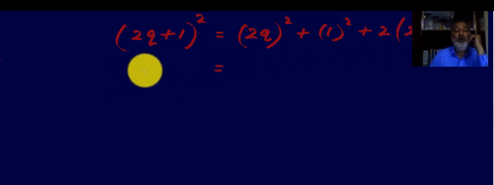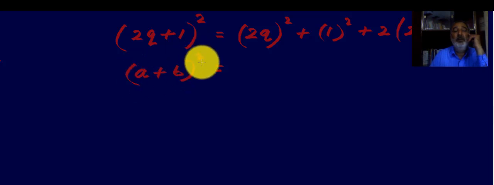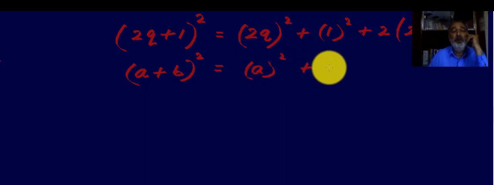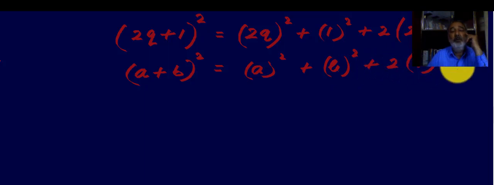Do you know the formula? (a plus b) square is equal to square of a plus square of b plus 2 times the product of both the numbers. I am using this formula.